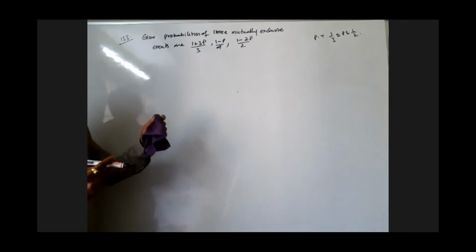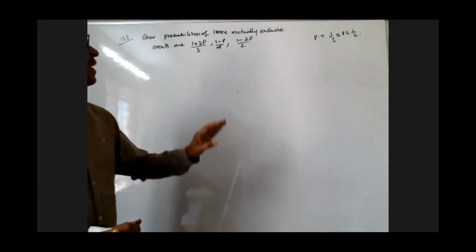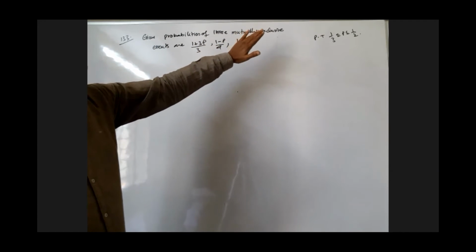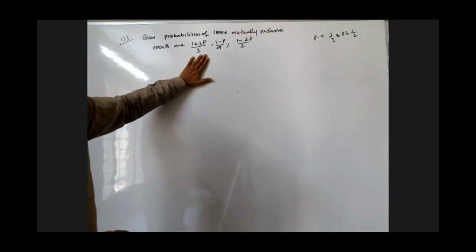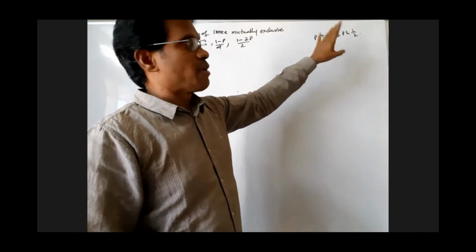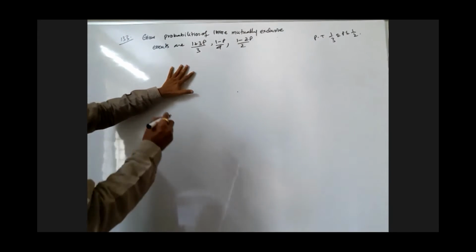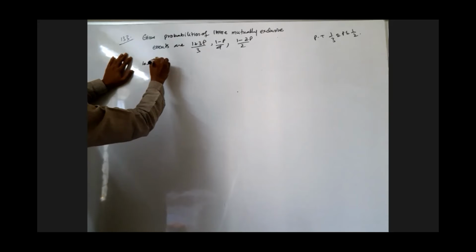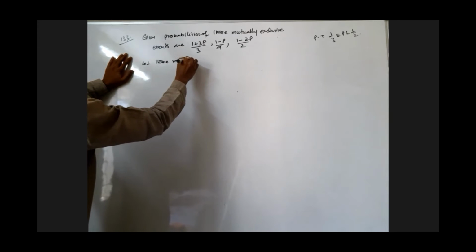Yes, my dears, come on, see that. What is given is the probabilities of three mutually exclusive events, and then prove that p lies between 1 by 3 and 1 by 2.